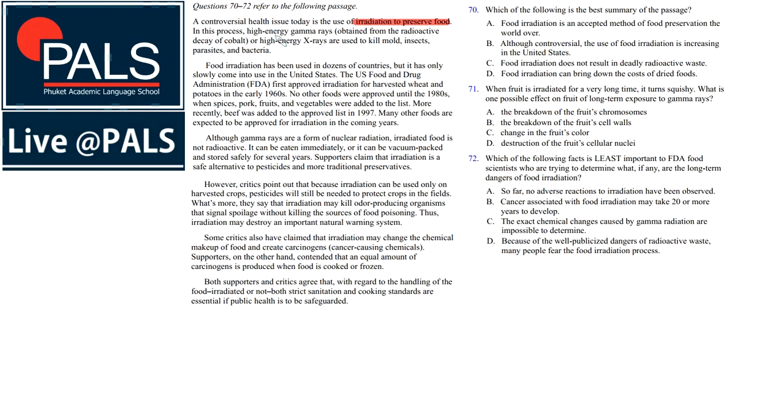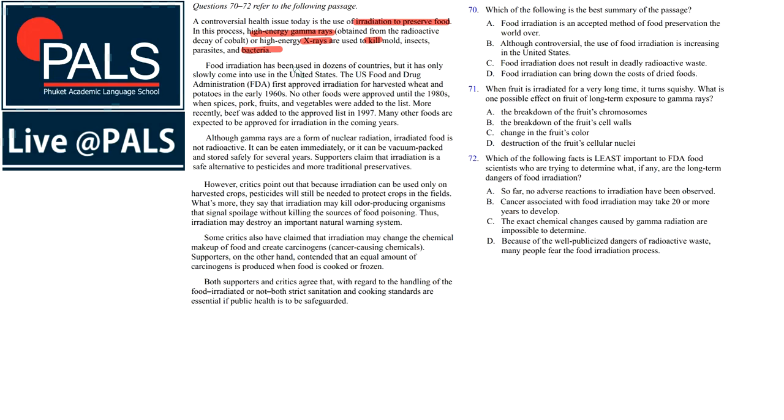In this process, high-energy gamma rays obtained from the radioactive decay of cobalt or high-energy X-rays are used to kill mold, insects, parasites, and bacteria. So high-energy gamma rays and X-rays are used to kill bacteria and other things in food to preserve it.